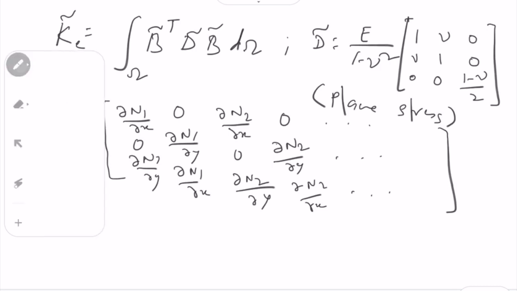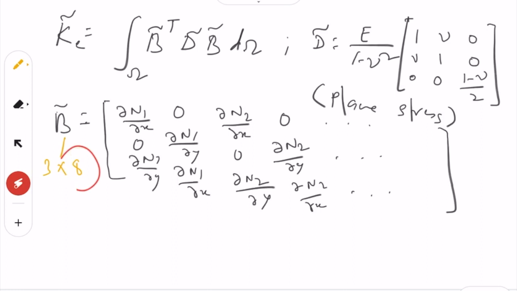So, this B will have dimension 3 by 8. So, 2 columns for each node, basically. So, this is 2 for node number 1, 2 for node number 2, 2 again for node number 3, and 2 again for node number 4. So, this is how it is.